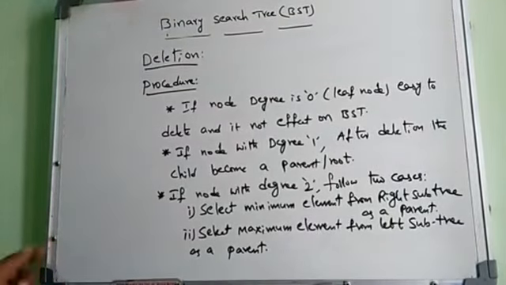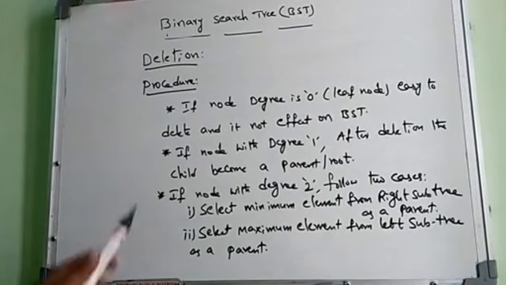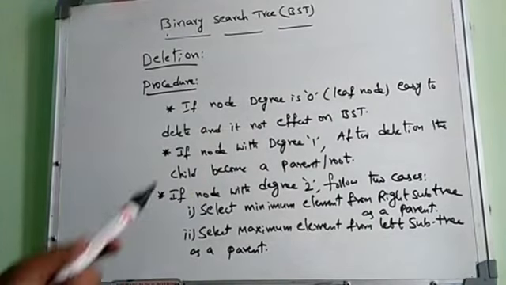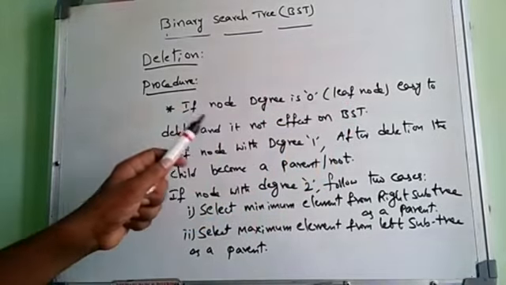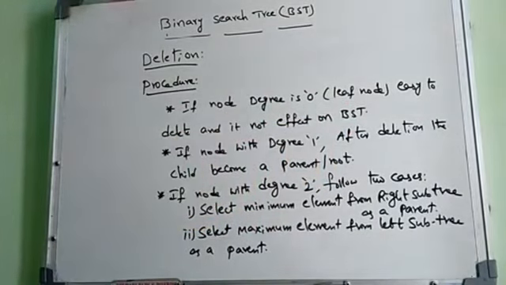Degree 0 means it is the last node, a leaf node. If the node is a leaf node, it is easy to delete and it does not affect the binary search tree. Nothing will happen, no need to change any node positions, no replacement of nodes.